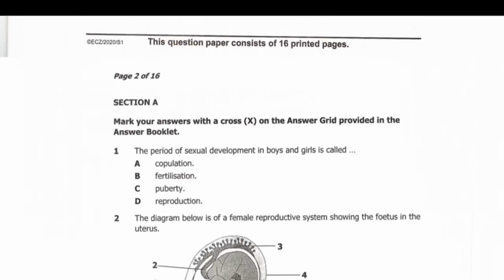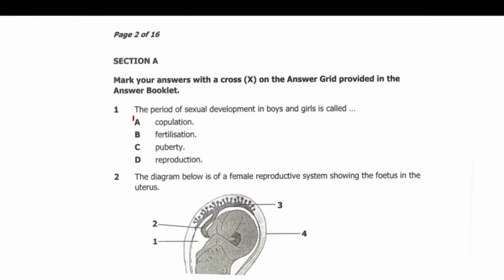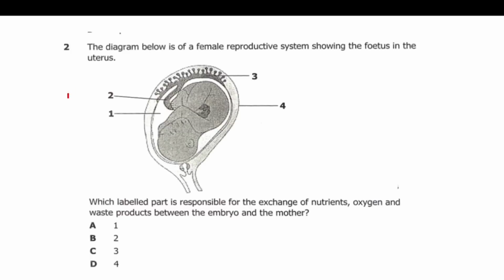Question number 1 reads, the period of sexual development in boys and girls is called. So here the answer is puberty. Let's go to 2. Question 2 reads, the diagram below is of a female reproductive system showing the foetus in the uterus, with these parts labeled 1, 2, 3, and 4.